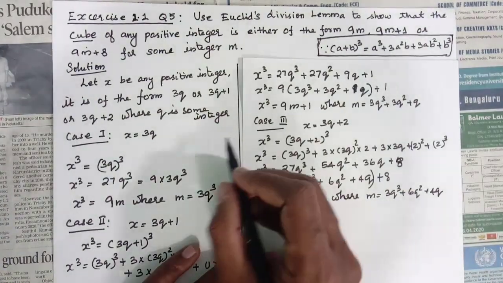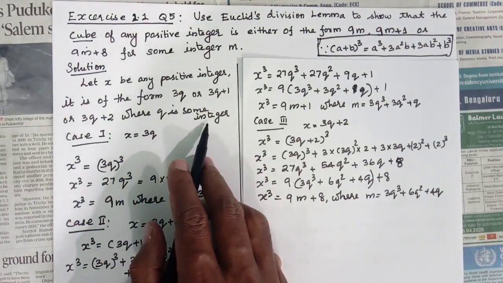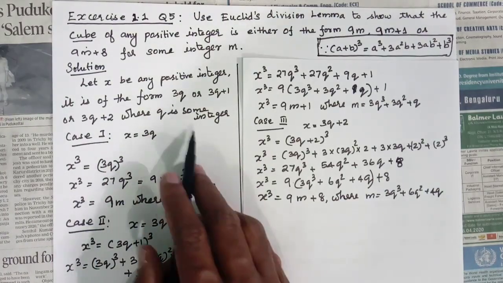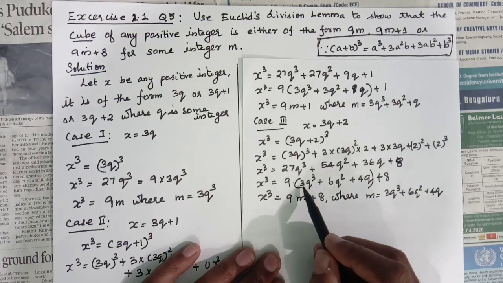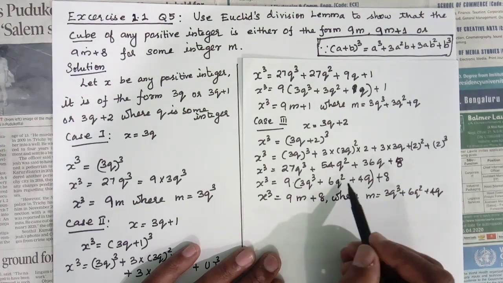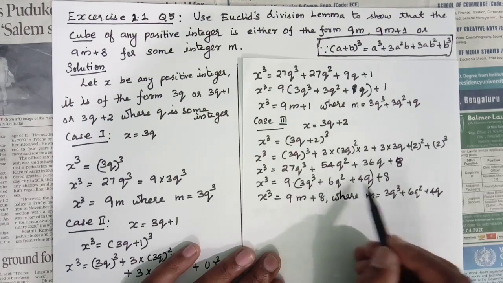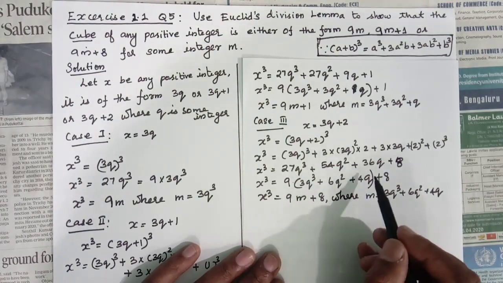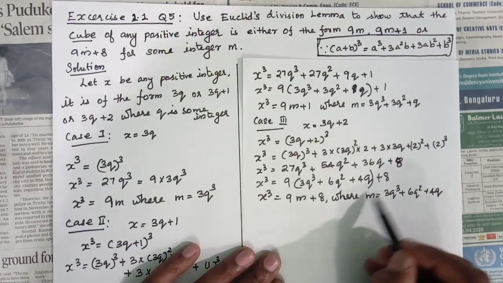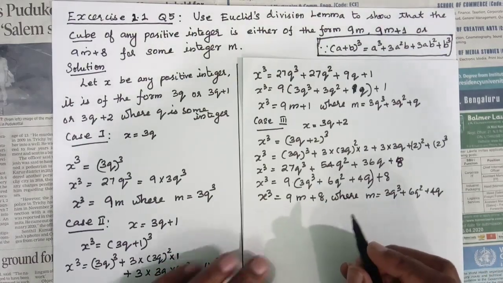Since q is some integer, we are multiplying 3, 6 and 4 with q cube, q square and q. So finally we get an integer, and this integer we can equate to m.